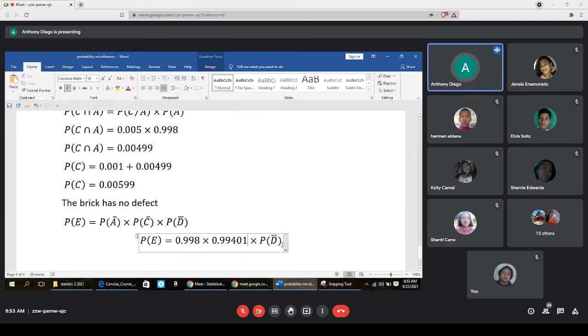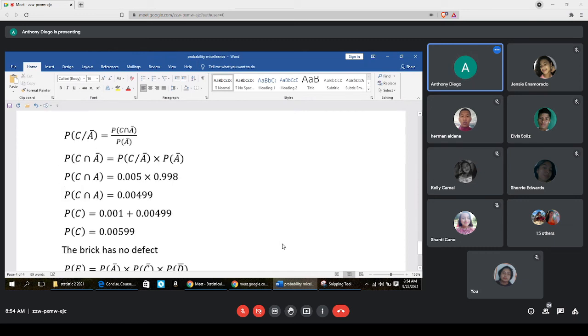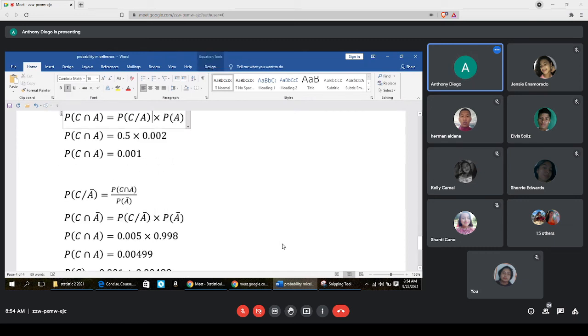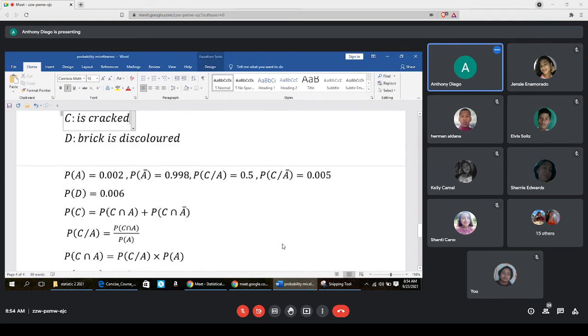And then that it is not discolored. For it to be discolored, this is 0.006, but not to be discolored, what will it be? Subtract this from 1. 0.994. Okay.